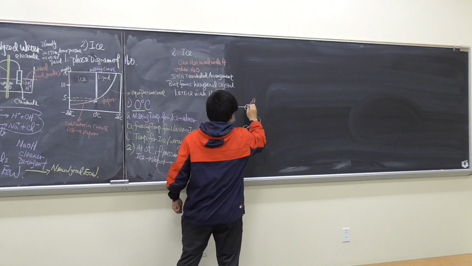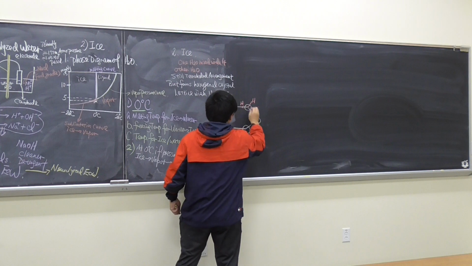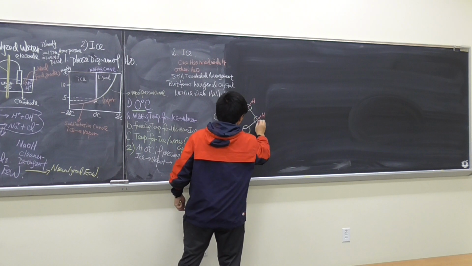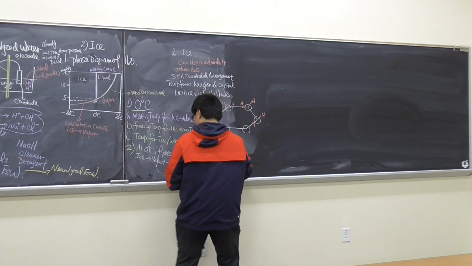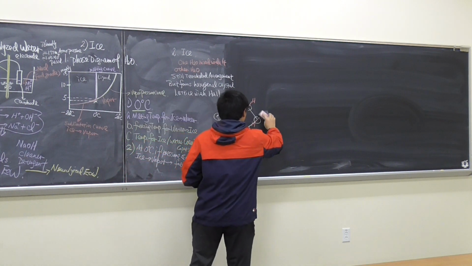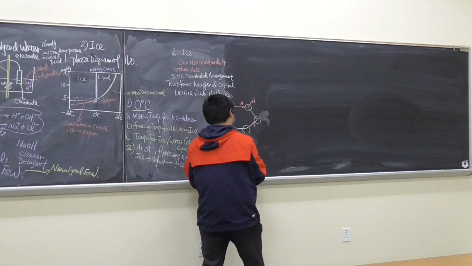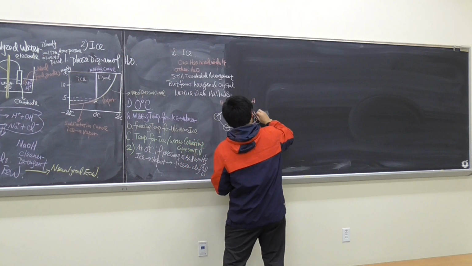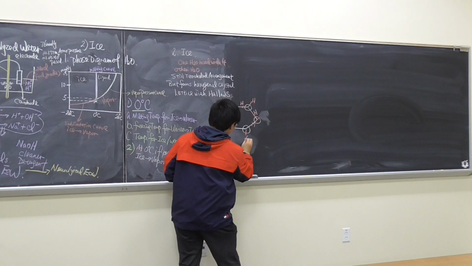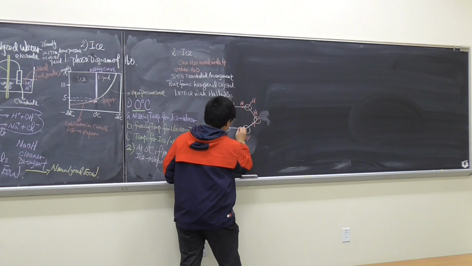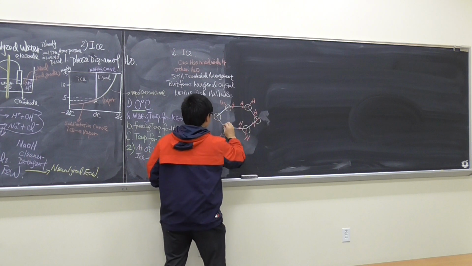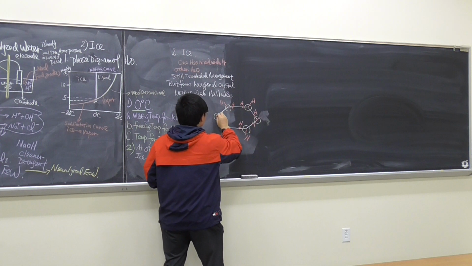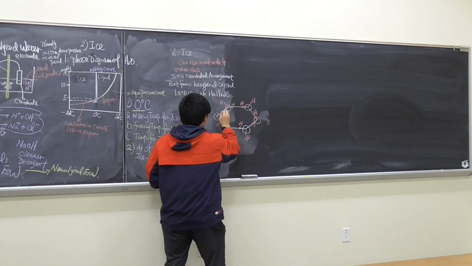One outside, one inside. One goes outside, another goes inside, and the angle should go here. One outside, one inside, one outside, one inside, then one outside and also one inside.